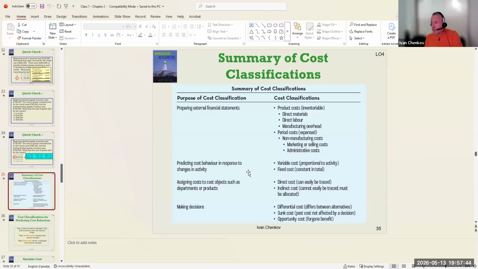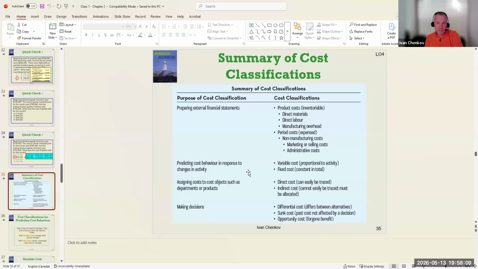The easiest way to find out which one is direct cost is to look for the adjective direct. If the adjective direct appears in front of the cost, it is direct cost. If it doesn't appear in front of the cost, it is indirect cost.